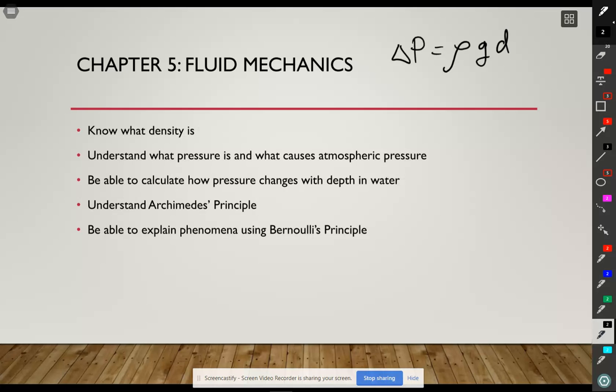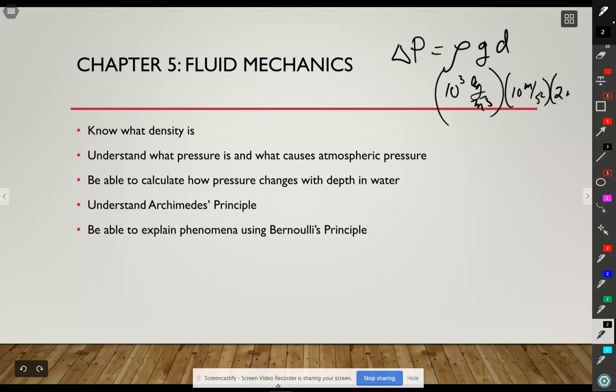And if you take my height, which is like 1.9 meters, you take the density of water, which is 10 to the 3rd kilograms per meter cubed. Multiply that by g, which we'll use as 10 meters per second squared.